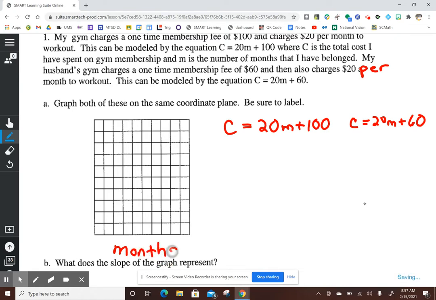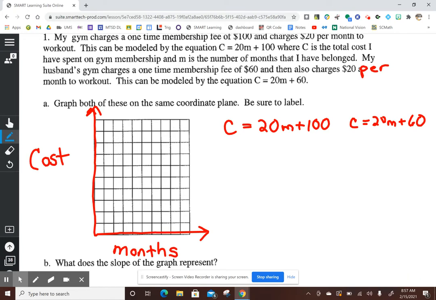So the number of months goes on the x, and the cost goes on the y. So that's the first thing we have to label. Now, because we can't have negative months or negative cost, this is going to be just quadrant 1. So I'm going to show that this is the x-axis and that's the y-axis.